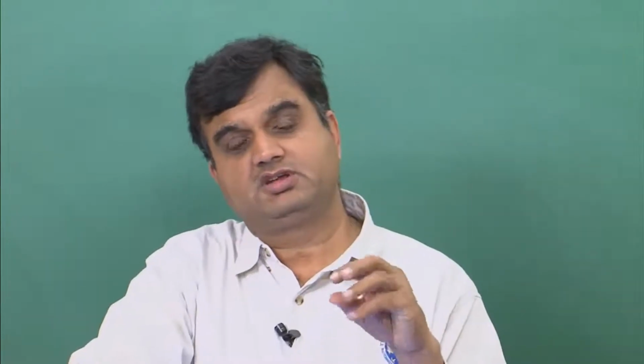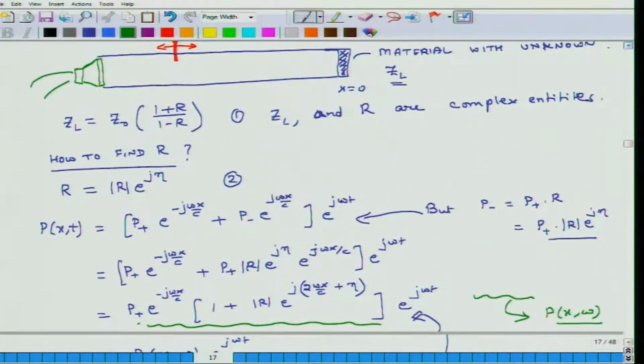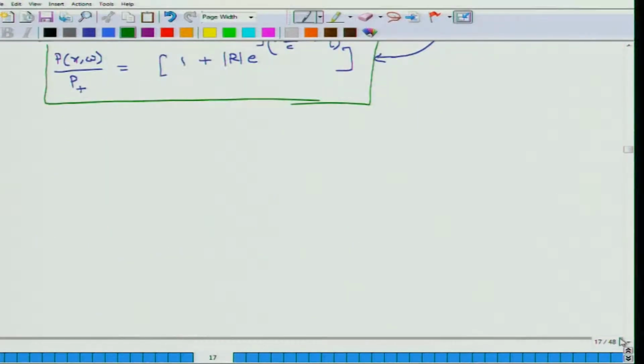And with that information, if I can figure out the value of R, then I can plug that value of R in this expression and calculate Z. So all this is essentially to figure out a way to calculate R, which has a modulus of R and a phase eta. Okay. So that is our aim.